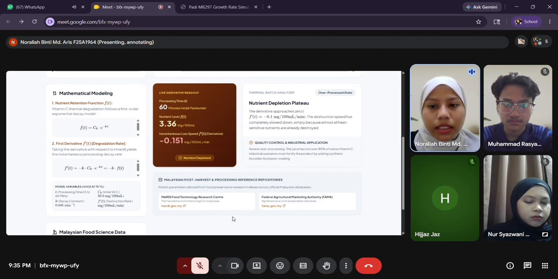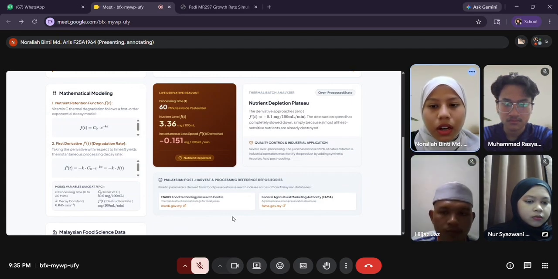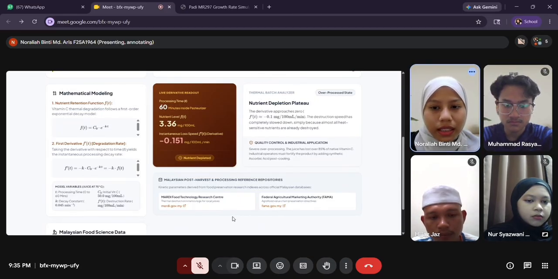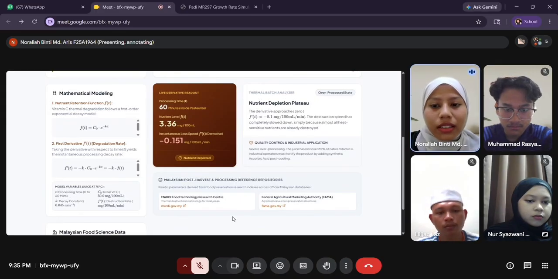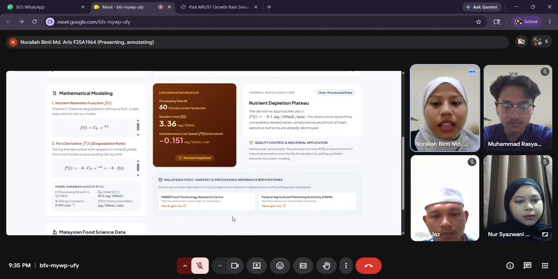Let's look at the interactive live readout on my screen by adjusting the timeline. If I set the process time to minute 15, as you can see from the graph curve on the web, the solid gold line drops sharply at first but flattens out, while the red dashed derivative line rises towards zero.